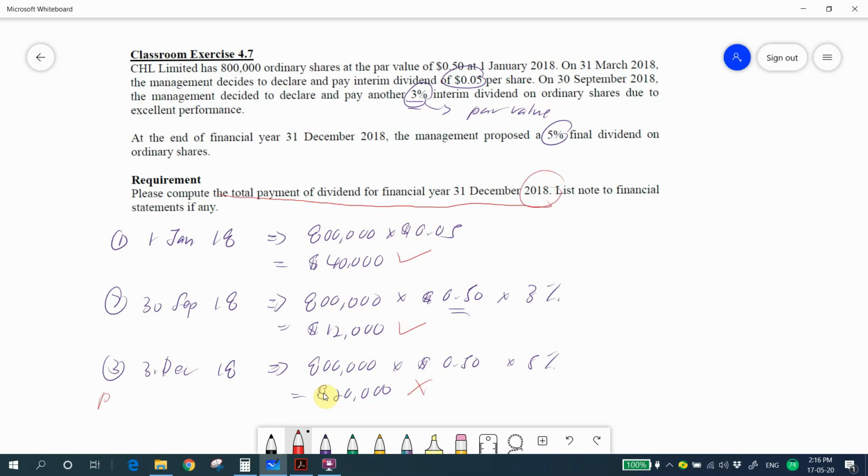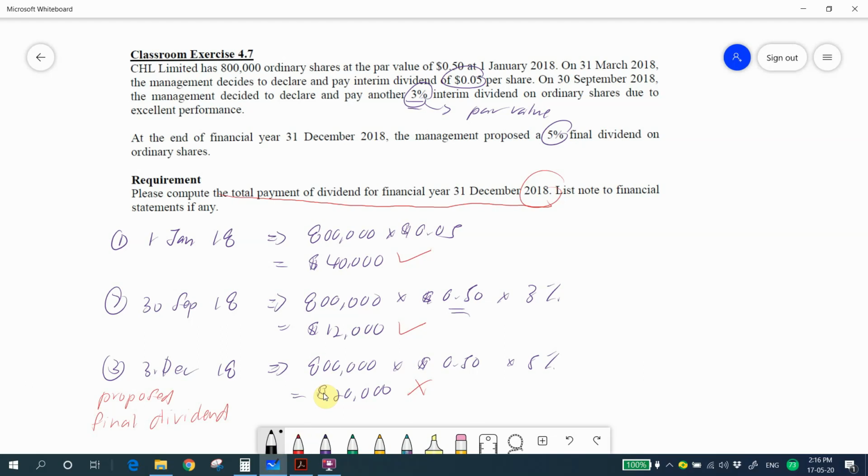Why? Because this is only proposed final dividend. Remember, as per our explanation just now, proposed final dividend cannot record in the current financial year. We shall only record in next year, because this amount is not yet confirmed or finalized within the year. So we can only consider in next financial year.